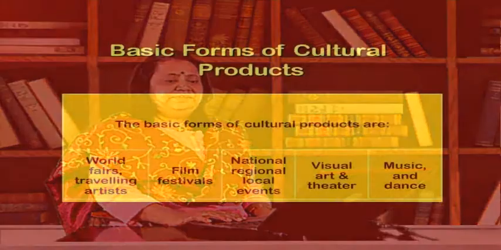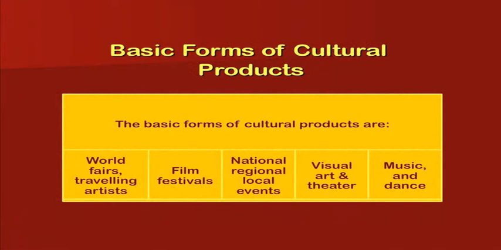Now, let us study the basic forms of cultural products. The basic forms of cultural products are world fairs, the travelling artist, the film festivals, the national, regional and local events, the visual art theatre products, the music and dance performances.